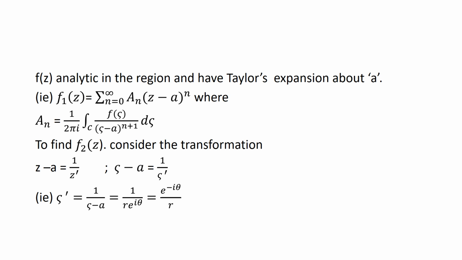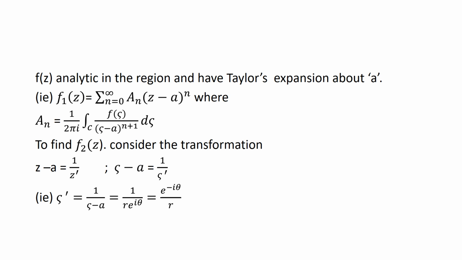Now to find f2, we consider the transformation, that is, we put z minus a as 1 by z dash and zeta minus a as 1 by zeta dash. So, cross multiplying, we can write zeta dash equal to 1 by (zeta minus a). Now you know zeta minus a is r e power i theta, because modulus of zeta minus a is r.